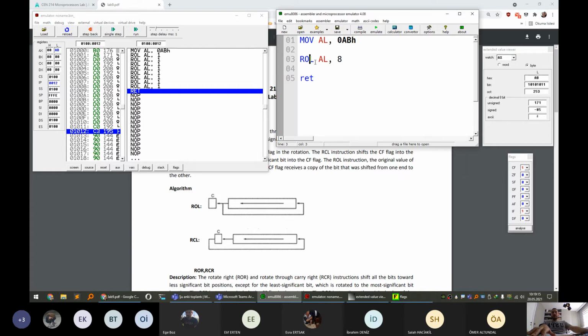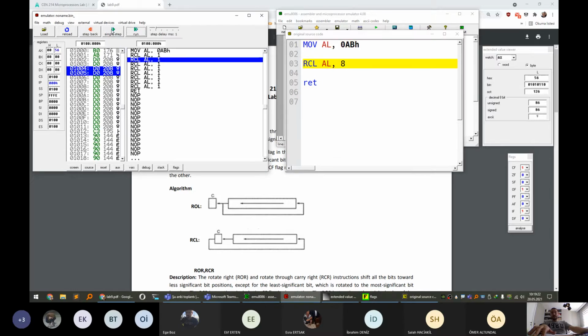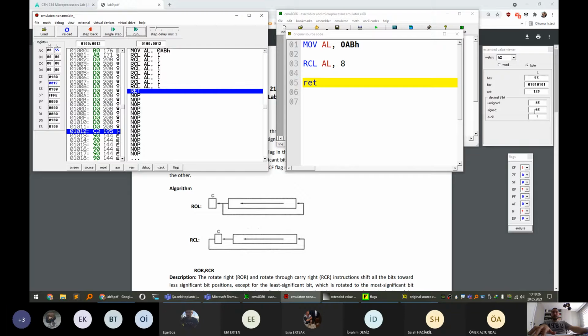Okay, let's change this to rotate through carry left and see if it's the same value or not. As you can see, the value is 55. It didn't restore the original value because it will use carry flag. This rotate through carry left command will rotate 9 bits.